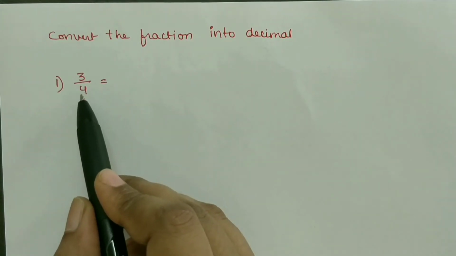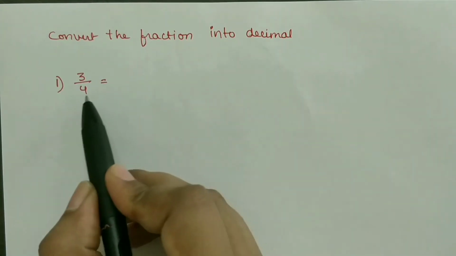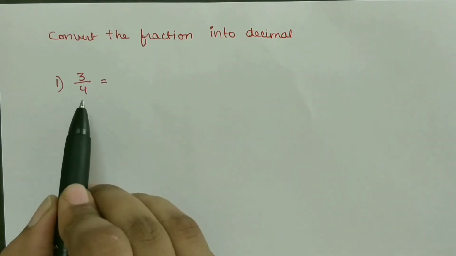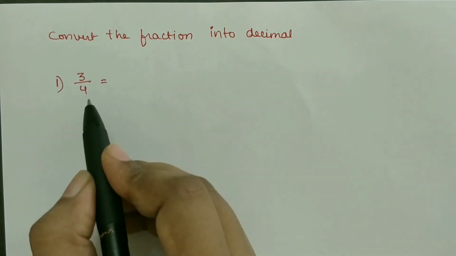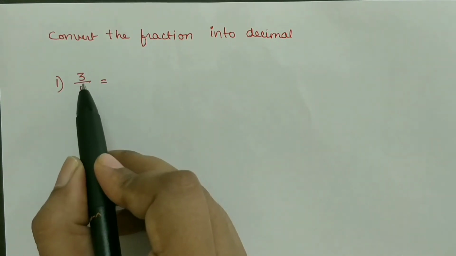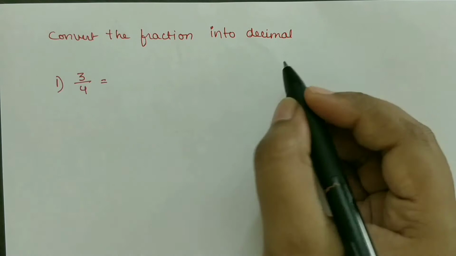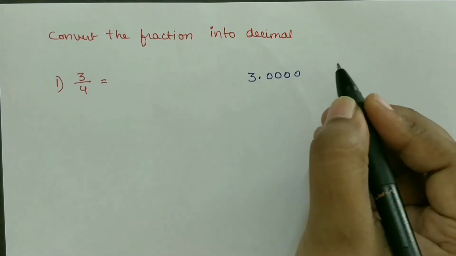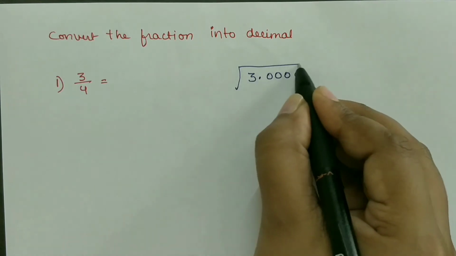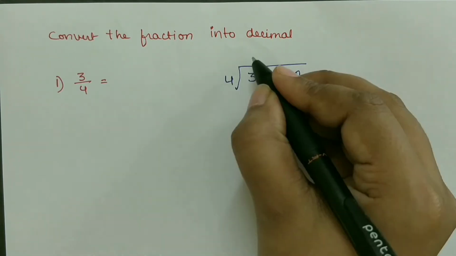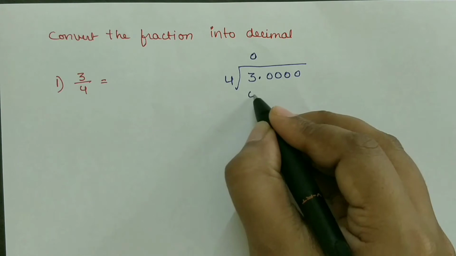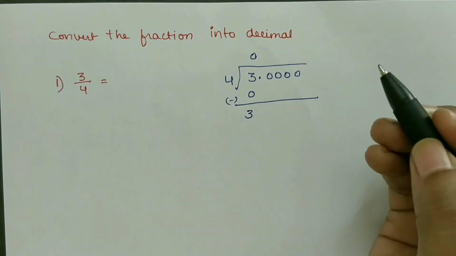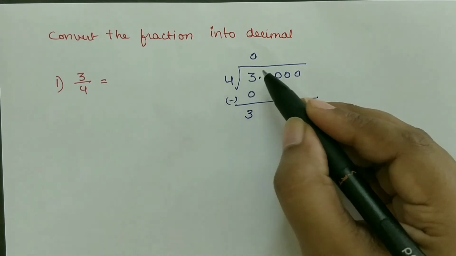Convert the fraction into decimal. Here the denominator is not 10 or 100 or a power of 10. So in this case, write the equivalent decimal of the numerator. It is 3.000. We can put any number of zeros and divide by 4. Now the whole part is completed.